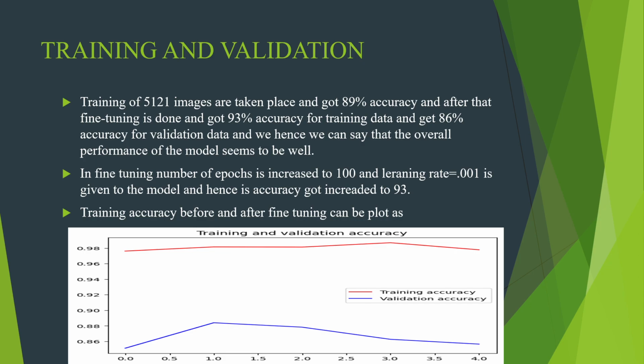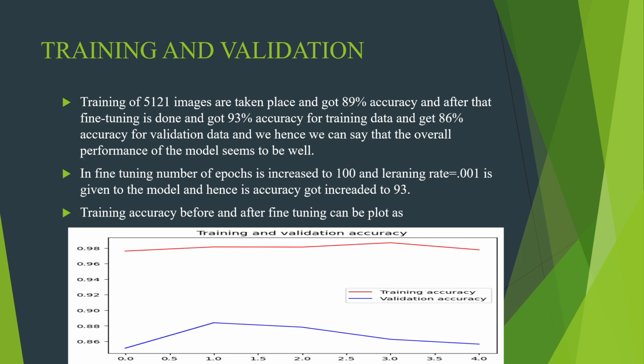After that, I fine-tuned the model by changing some layers of the model, adding some dropout layers, and making changes in regularization. After that, I got an accuracy of 93% for training data, and in the case of validation data, I got an accuracy of 86%.